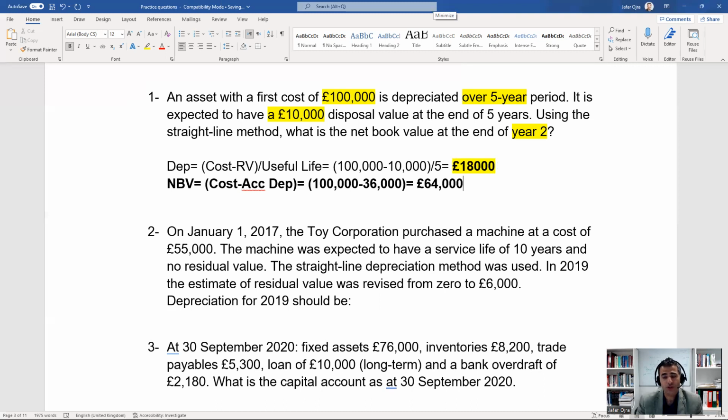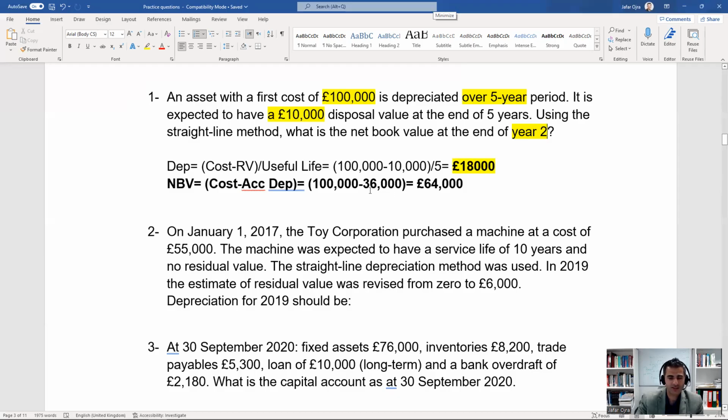If I ask you in the question, for instance, instead of year 2, if I put year 3, what do you need to do? In this case, you need to calculate depreciation for 3 years. So 36 plus 18 equals what?